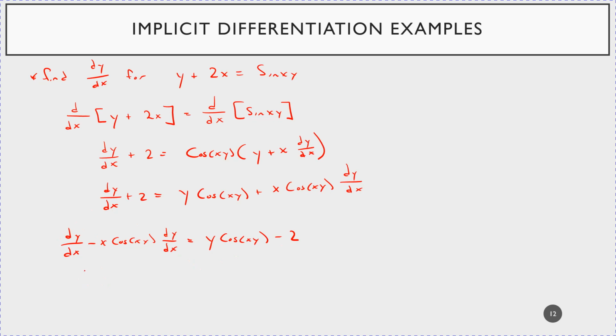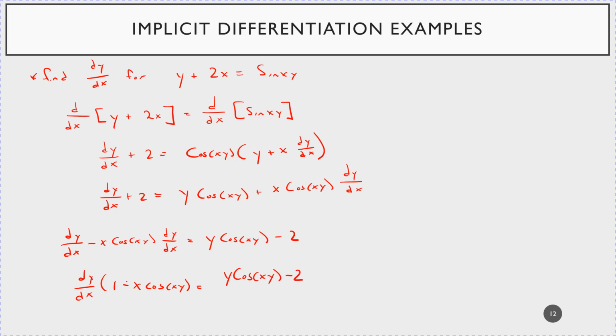Factor out a dy/dx. You're left with 1 minus x cosine of xy is equal to y cosine of xy minus 2.